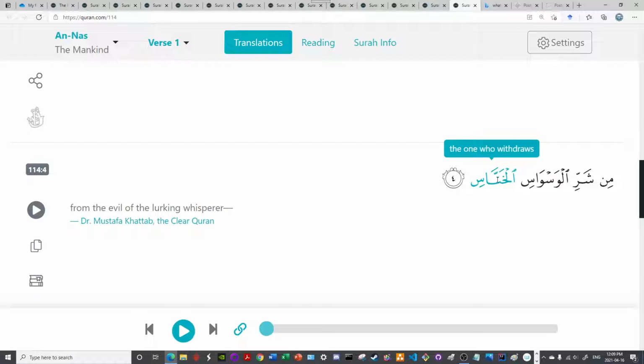If you say أعوذ بالله من الشيطان الرجيم, you no longer hear the whispers. Why? Because the shaitan or the devil is weak. Khannas, the one who withdraws. So he whispers, but he withdraws when you strengthen yourself through your faith in God.